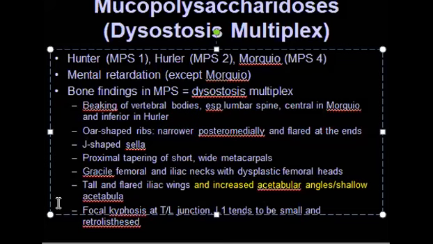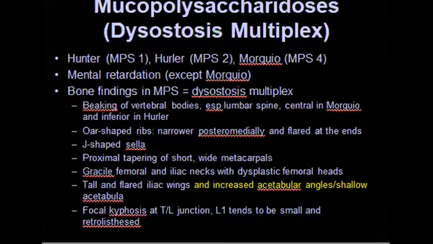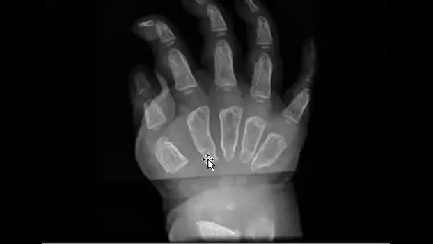Okay. Thank you, Marwa. The trident hand we saw in achondroplasia, but this hand with claw hand is more in the mucopolysaccharidosis.